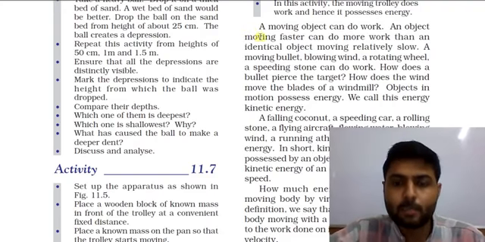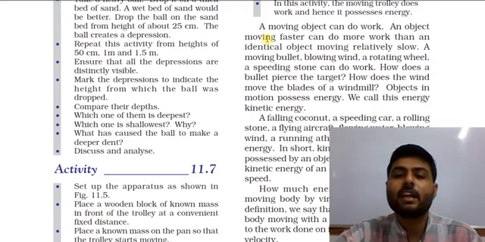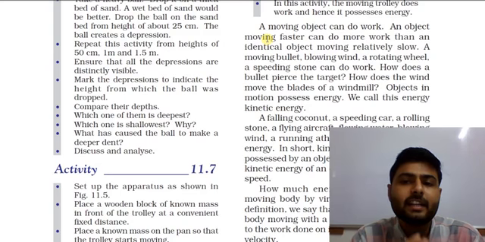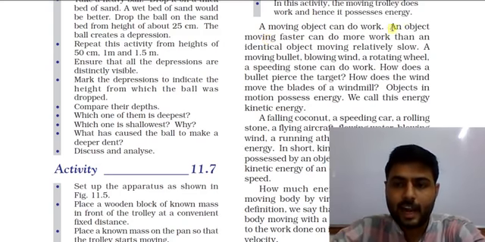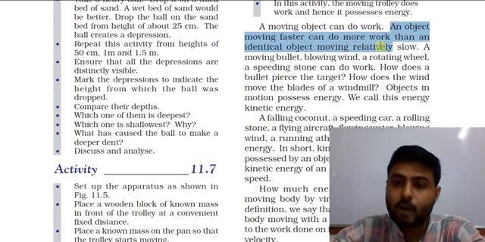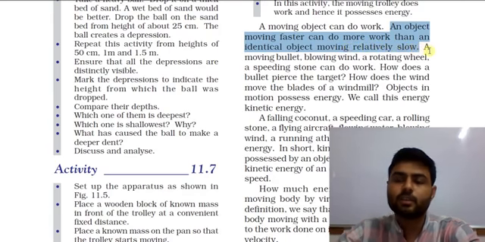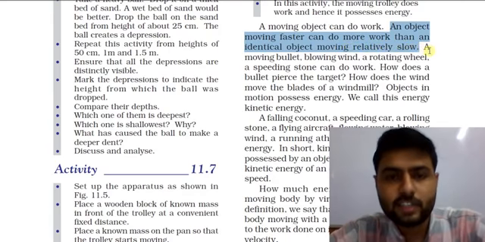An object moving faster can do more work than an identical object moving relatively slow. Let's take one example.